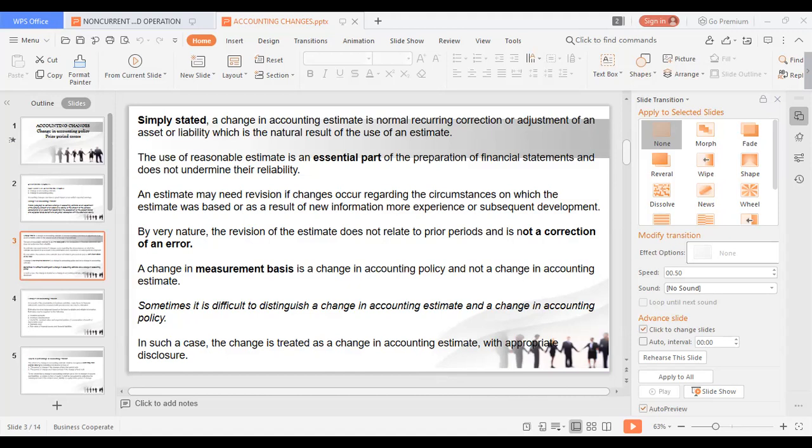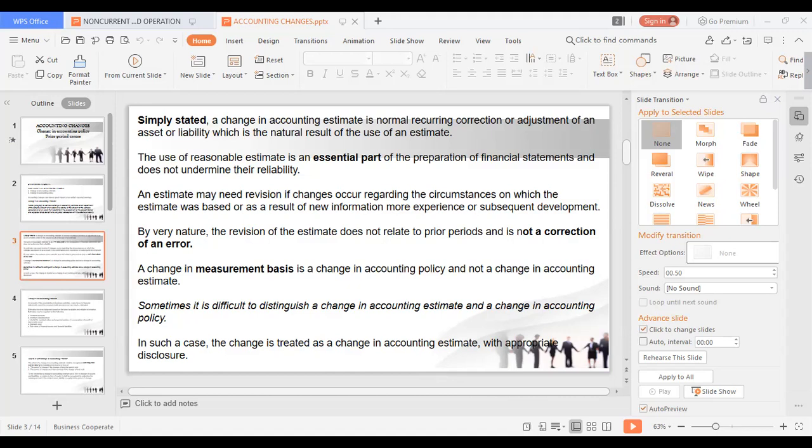So it's 1.5 million, and this time the change in the accounting estimate from the original life of 6 years, it's only 5 years, and we deduct the expired life of 3 years, the remaining life is only 2 years. Now 1.5 million is the carrying amount on January 1, 2020, and we deduct the residual value of 100,000.